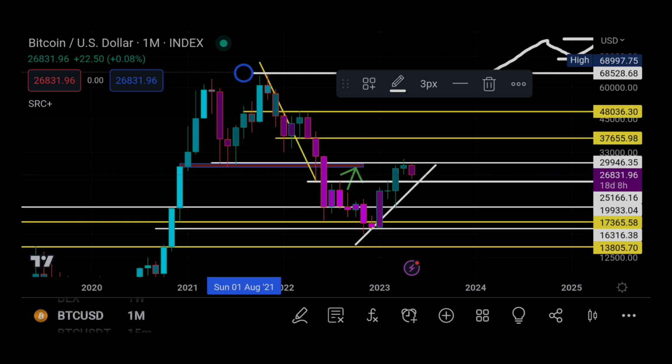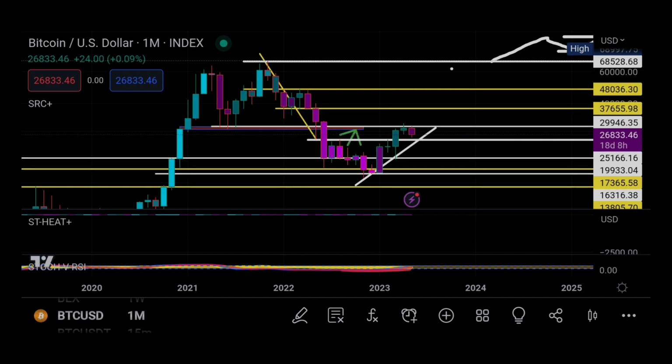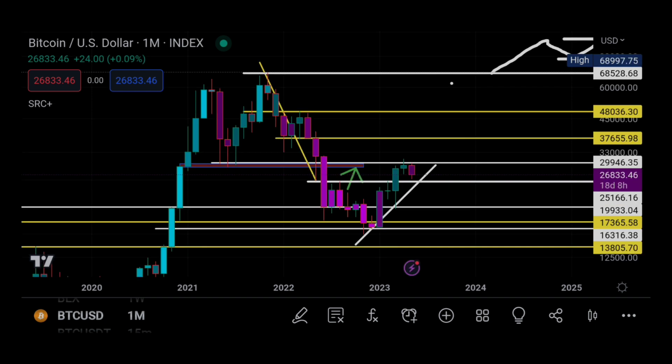There has never been a time where you bought something in 2012, 2013, 2014 or 2015, and you've held on to it since then, and it's been less than what you bought it for. That's never been the case, especially with BTC. Other crypto, other shitcoins, I'm not getting into those. Most of them are just basically scams. Most of them had bad intentions. They just want to make money and go.